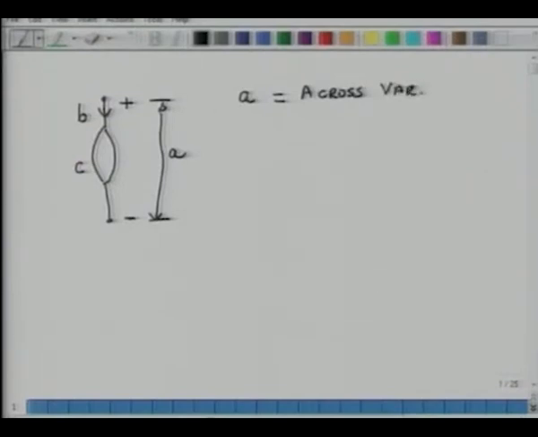For instance, in a resistor, what is across? The voltage. So voltage could be an across variable. B is a through variable. It's flowing through the element. And C, we call it the element variable.